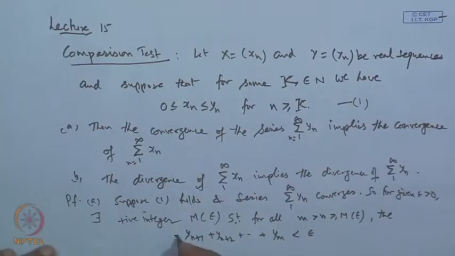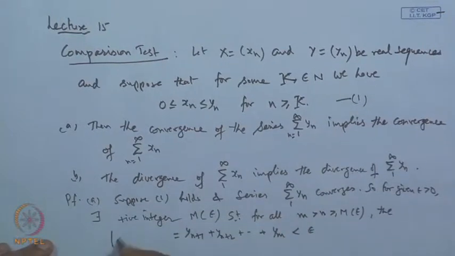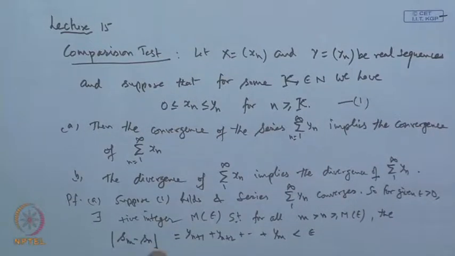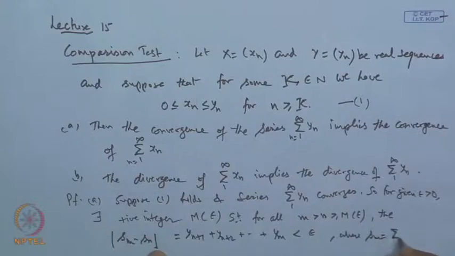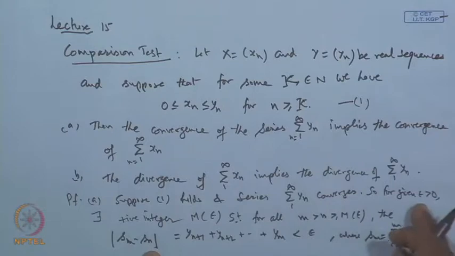Because basically this condition is nothing but S m minus S n, where S m is the sum of y i, i from 1 to m. So, basically this is the Cauchy convergence criterion. Because the series is given to be convergent, by means of the Cauchy convergence criterion, for any epsilon one can identify a positive integer so that this result holds.